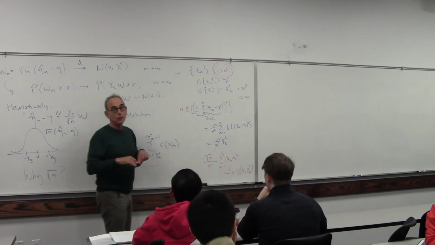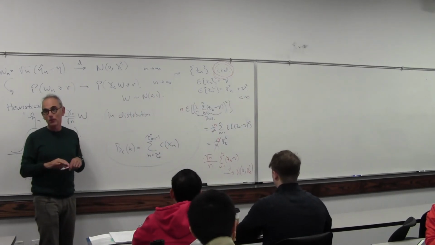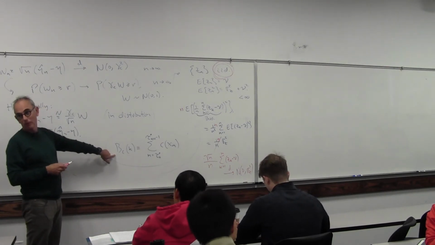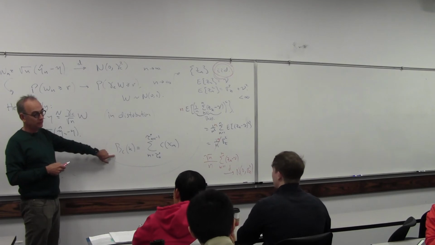Now, why would IID come up? Remember last lecture, the way I proved the law of large numbers was by reducing it to a sequence of IID terms.